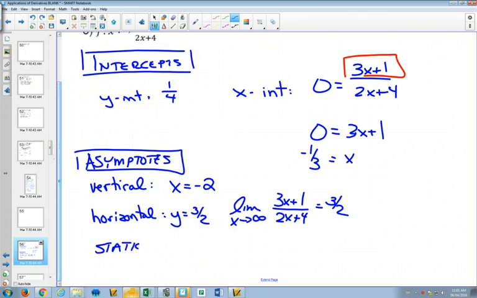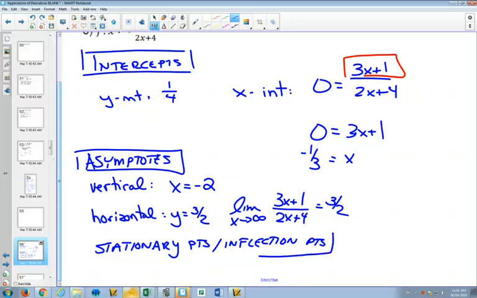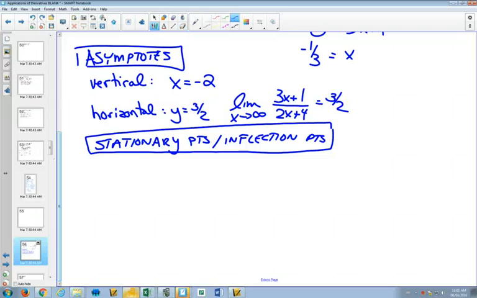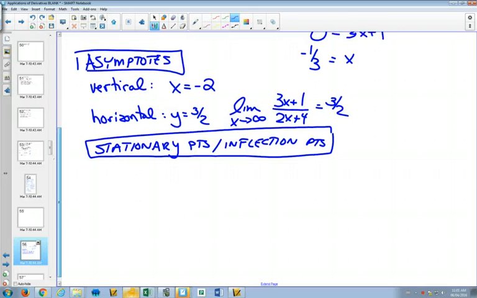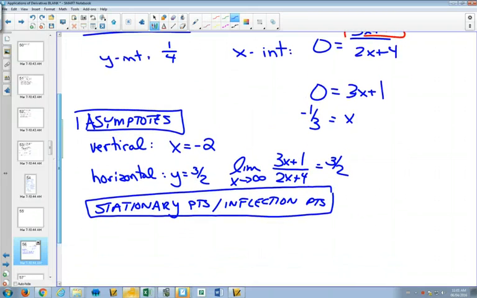Now to find out where it's increasing, decreasing, or stationary points, inflection points, we're going to need our derivative and our second derivative. So in this case, for our first derivative, we have a quotient.